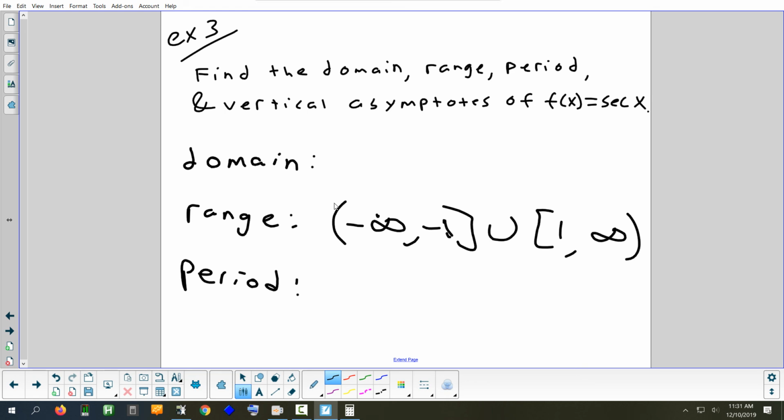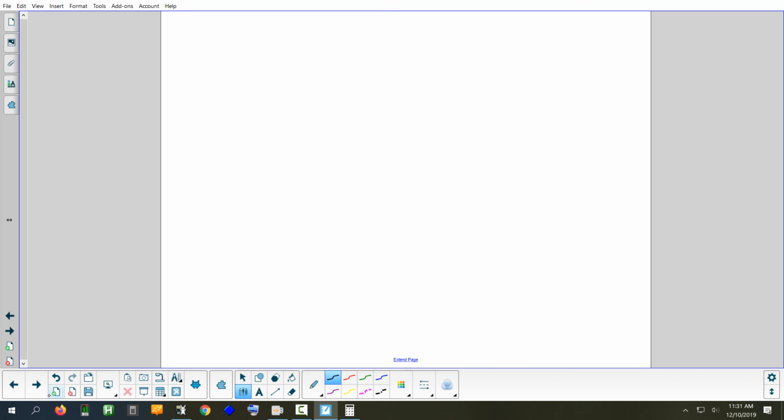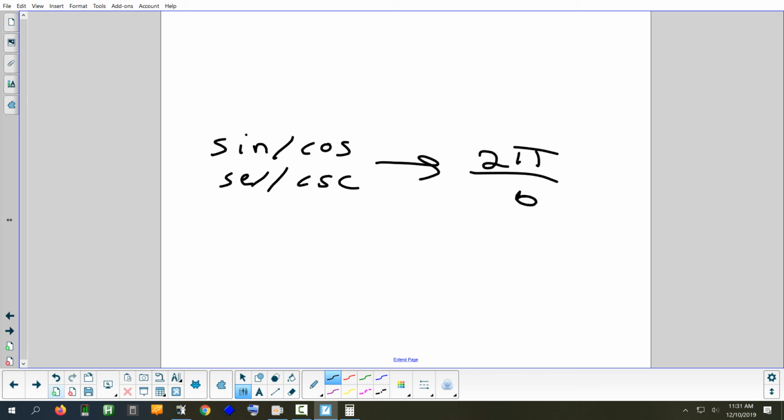Well, it's the same as the formula for sine or cosine: 2 pi over b. So remember, for sine, cosine, secant, cosecant, the formula is 2 pi over b to find the period.